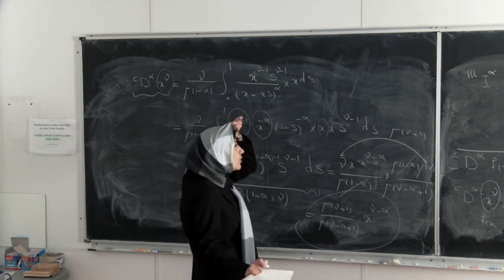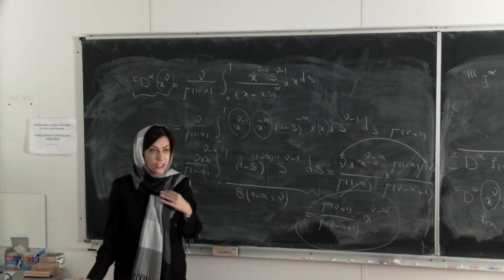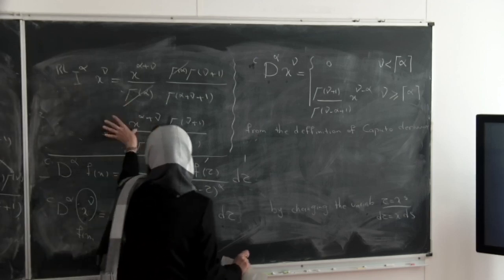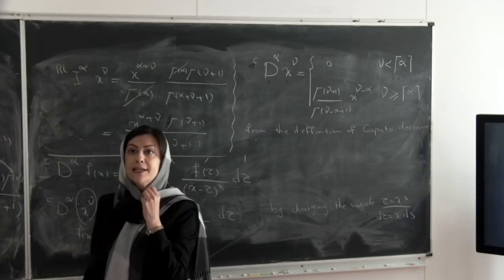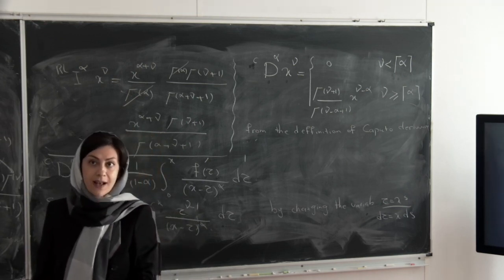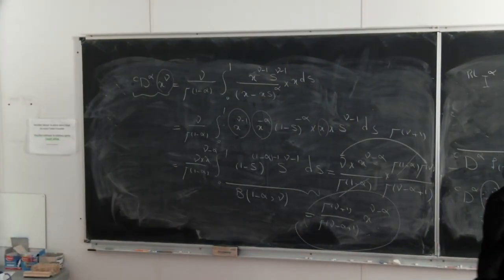For obtaining the approximation of fractional differential equations, we use this equation, this property, a lot. And we can obtain some operational matrices of derivative and integral by using these two properties. Okay.